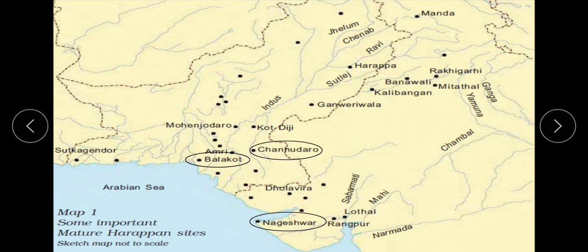Even in today's time, if something is being produced, something is being manufactured, let's say the iron and steel manufacturing industry, so where would it be located? It would be located where the raw material is found. So even these craft productions will be located at those places where the raw materials such as shells or copper ores or different types of tools or the stones could be found, right?